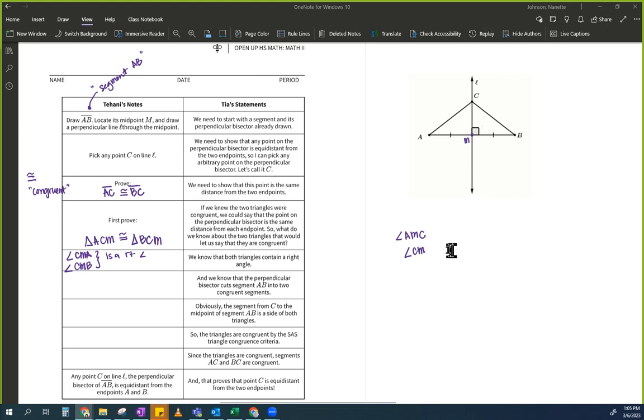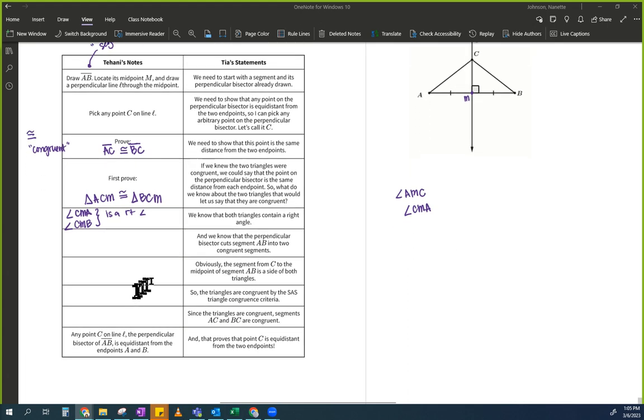Not a dumb question at all. These are two different names for the same angle. So you guys all call me Mrs. Johnson. My children call me Mom. There's other people who call me by my first name. I'm still the same person. This is still the same angle, just different names for the same person, right? Okay. Very good question.